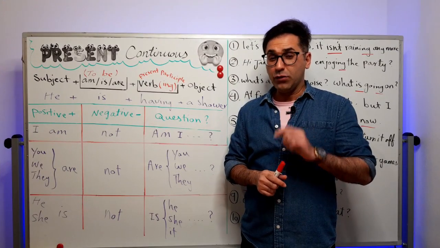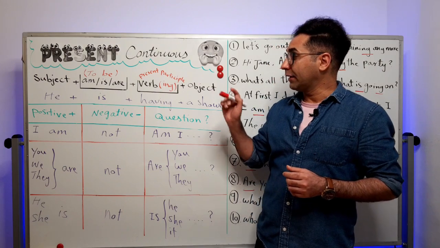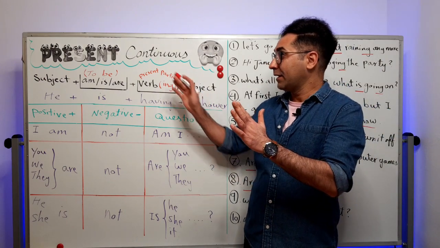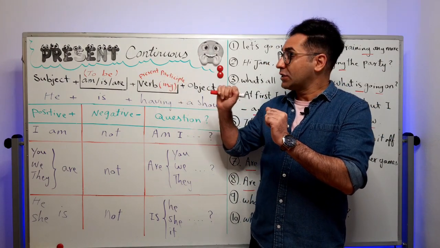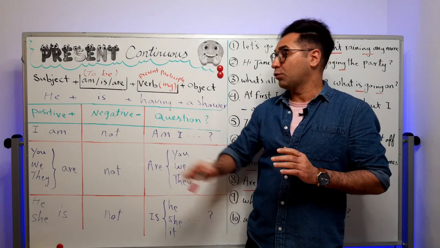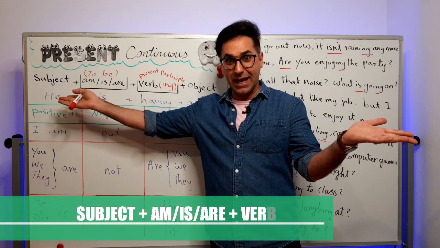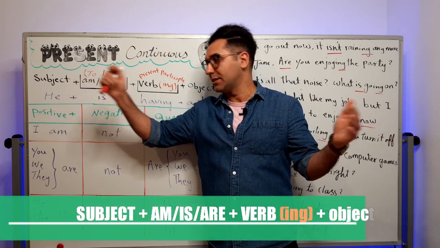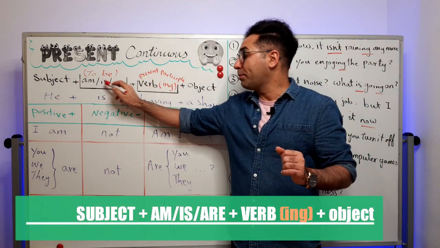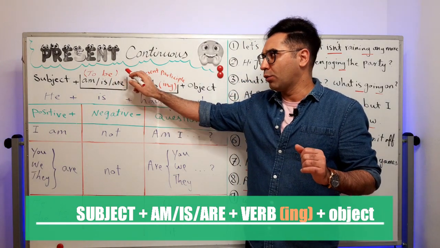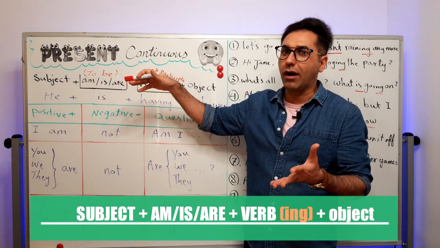Alright guys, if you remember the previous session, we learned how to make a sentence in present continuous. The first element we needed was a subject, like I, you, he, she, it, we, they, Mary, James, Jackson. And then we need a to be verb, like am, is, and are.